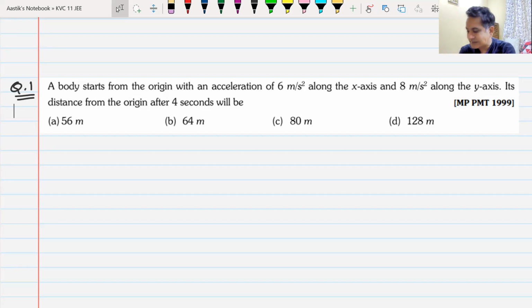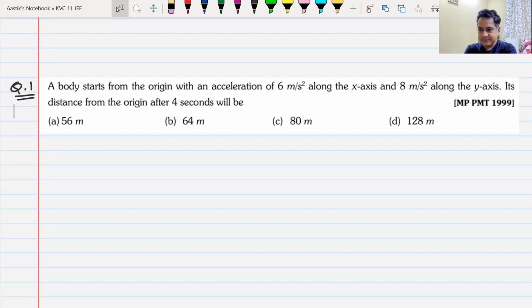What type of motion is this? Projectile motion? Motion in 1D, motion in 2D. What type of motion is this? Motion in 2D, sir.